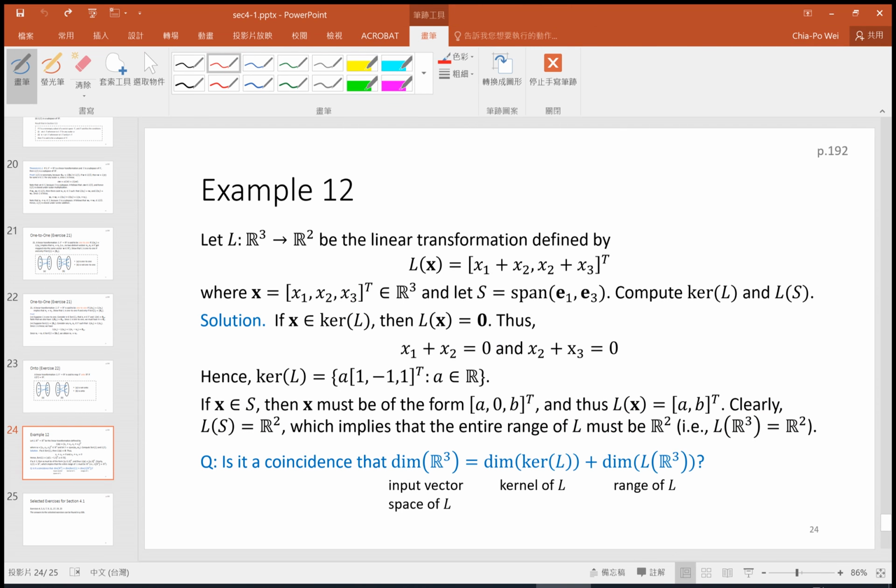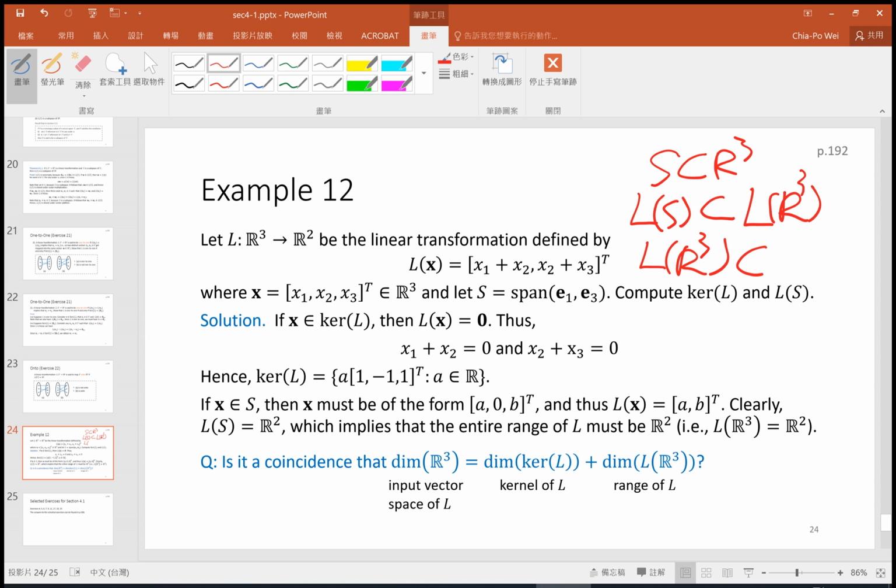To see this, note that S is a subset of R3, and therefore L of S is also a subset of L of R3. And we also know L of R3 is a subset of R2, because L of R3 is the range of L, and by definition of the range of L, L of R3 is a subset of R2.